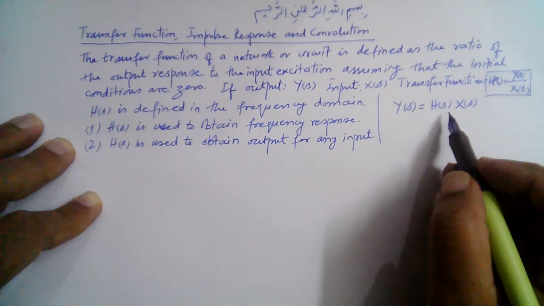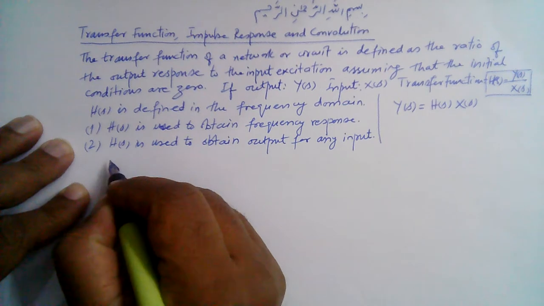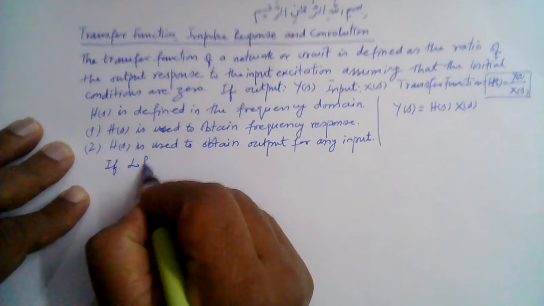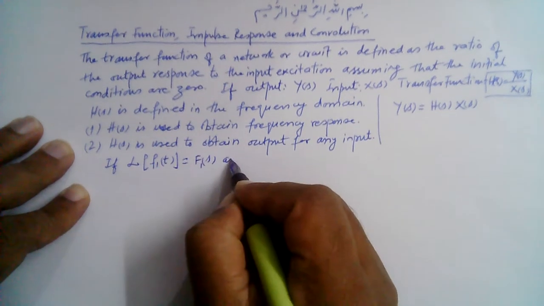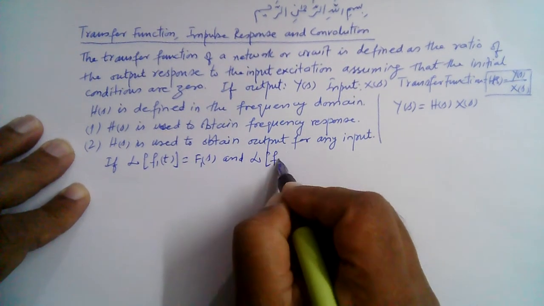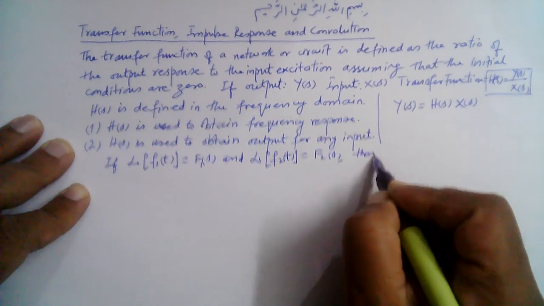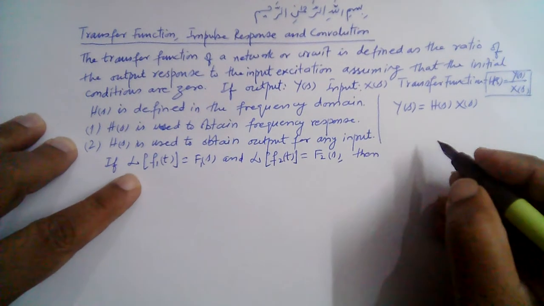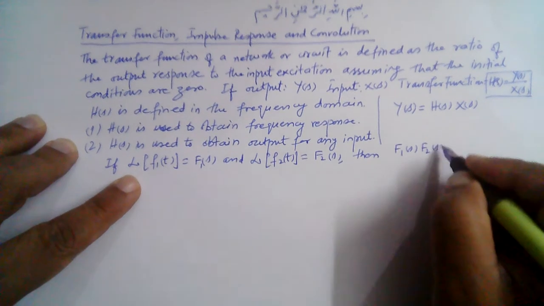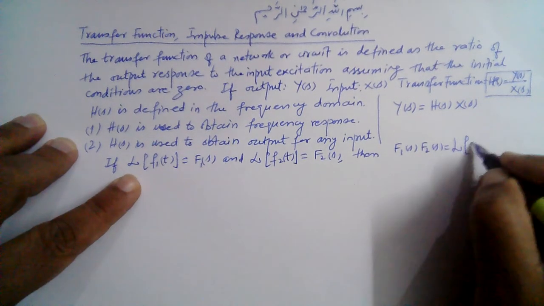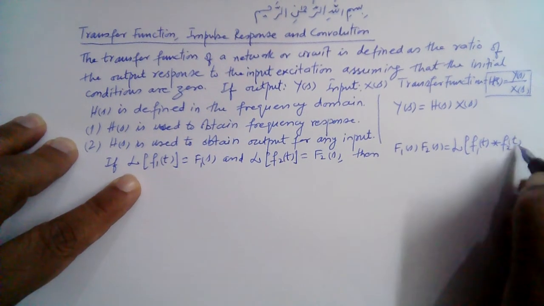One more observation is important here. We know that if the Laplace transform of f1 of t is f1 of s and Laplace transform of f2 of t is f2 of s, then f1 of s multiplied by f2 of s is equal to the Laplace transform of the convolution of f1 of t and f2 of t, right?